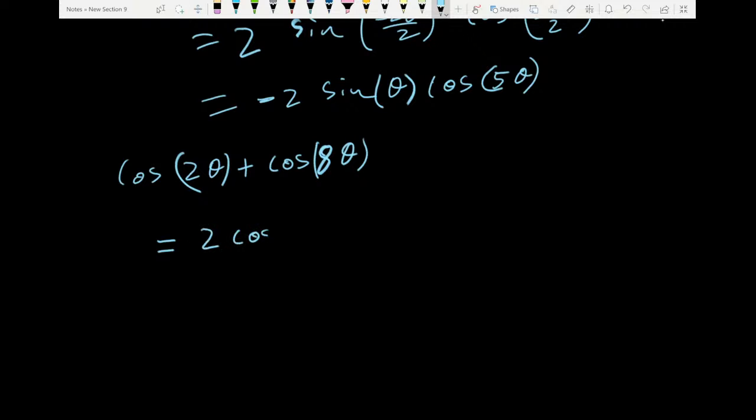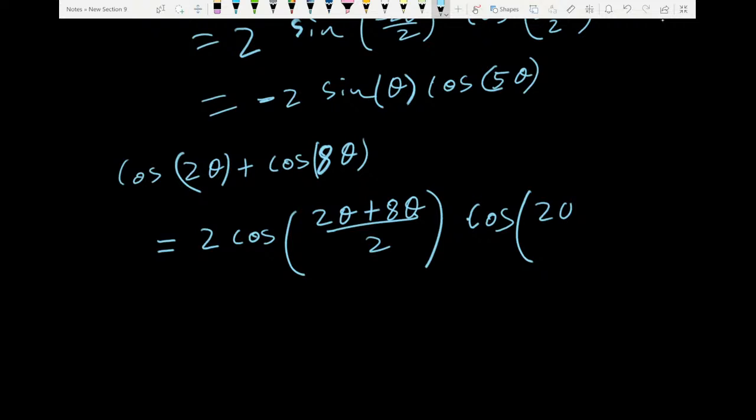So I get 2 cosine of 2 theta plus 8 theta over 2, times cosine of 2 theta minus 8 theta over 2. This becomes cosine of 10 theta over 2, which is 5 theta.